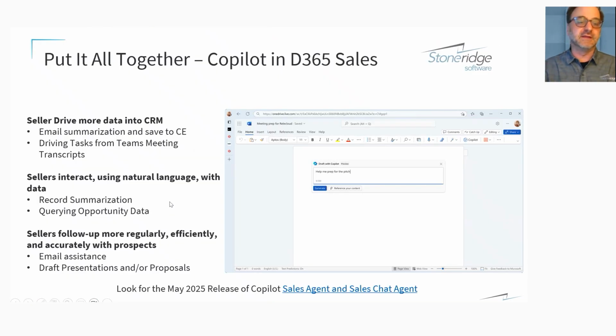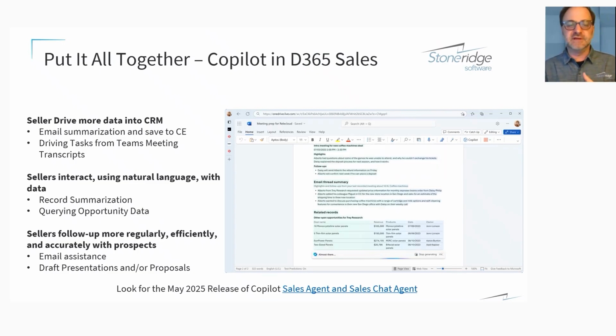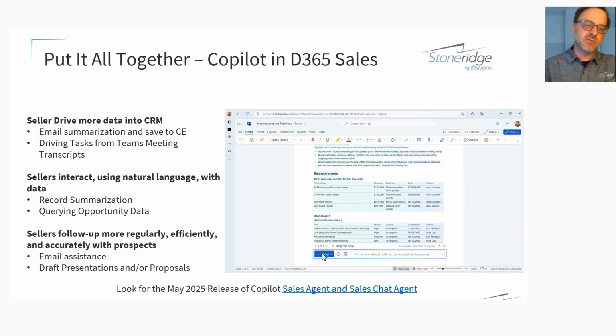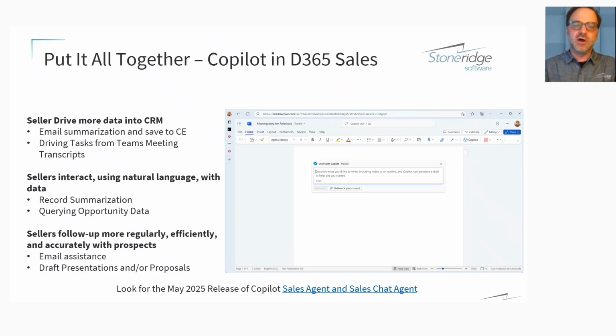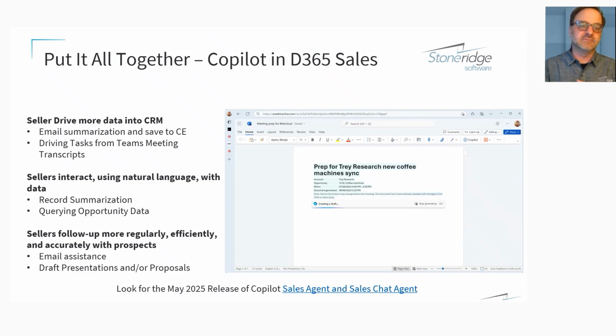So let's put this all together. Let's say you're a seller. Let's say you spent most of your week interacting via email with a hot prospect. You can just tell Copilot, hey, can you summarize this mile-long email string? Give me the highlights. And with one click of a button, push it into your sales system where it belongs, so Copilot can analyze it more.